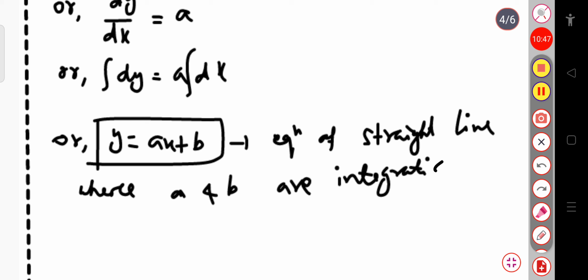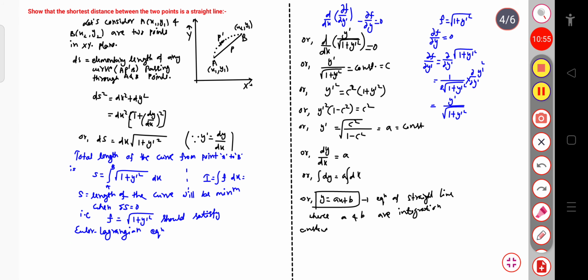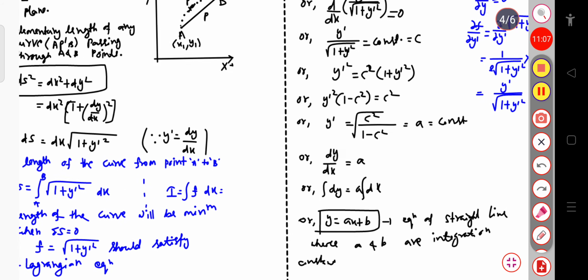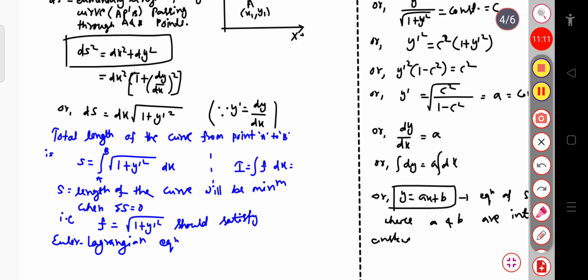So now you see what we have considered and what we get. We have considered the neighboring path a p′ b, and if I take ds square equal to dx square plus dy square, from that relation you have the integral of root over 1 plus y′ square dx, and if you compare this with the integral of f dx, where it has the extremum value.